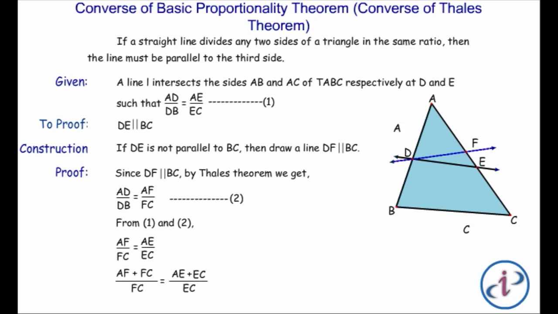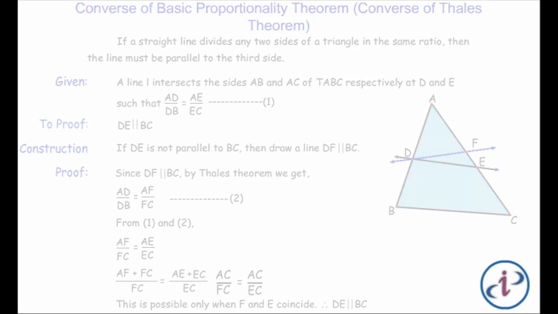Now, AC by FC is equal to AC by EC. Thus, FC is equal to EC. This is possible only when F and E coincide. Therefore, DE is parallel to BC. Thus, the converse of the basic proportionality theorem is true.